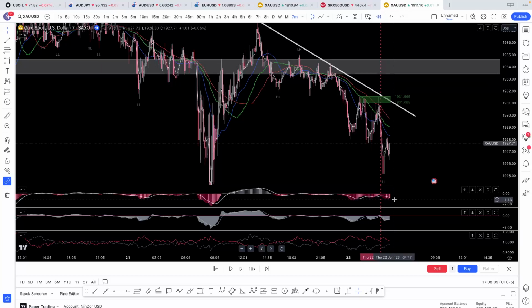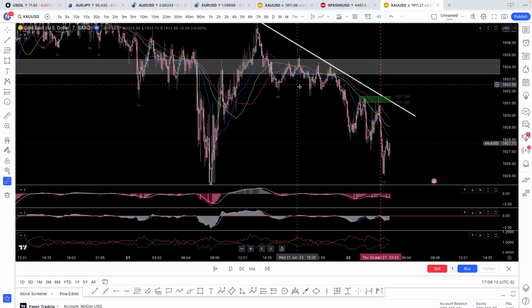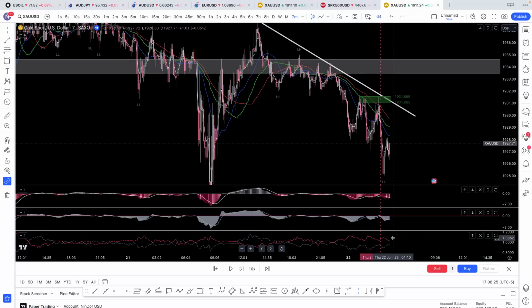There looks like there's some divergence currently, because price is moving down while the MACD is going up. And identify the vortex sentiment. Right now it is bullish, although it's contracted.